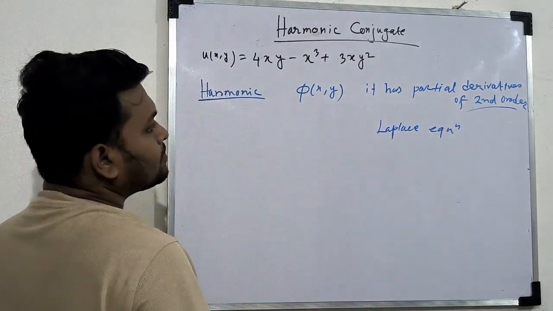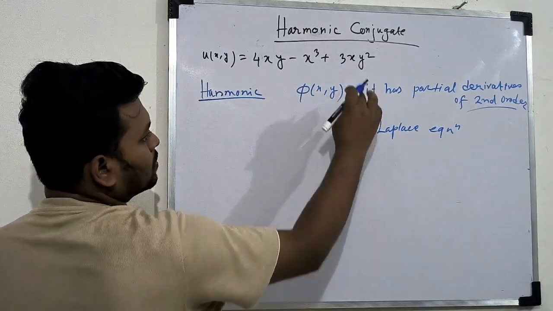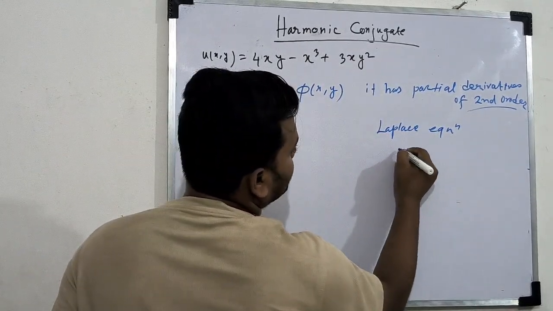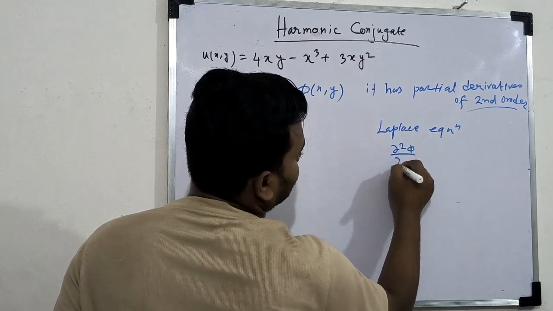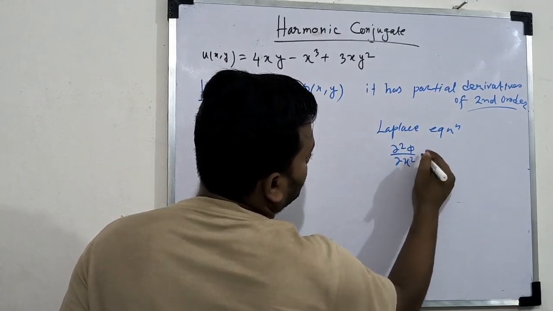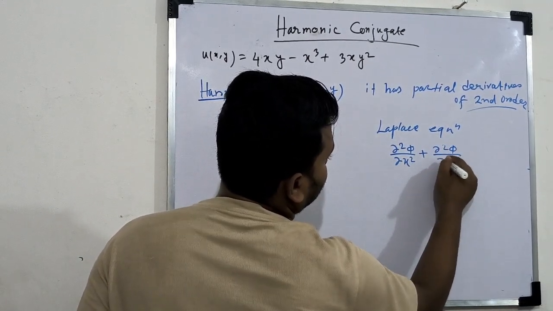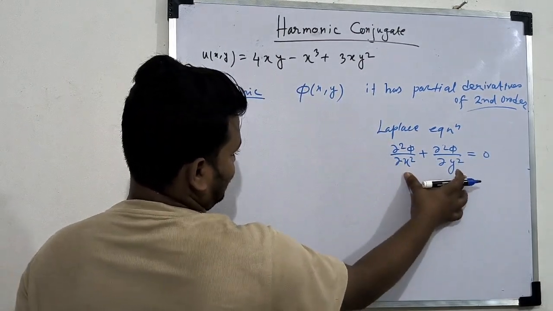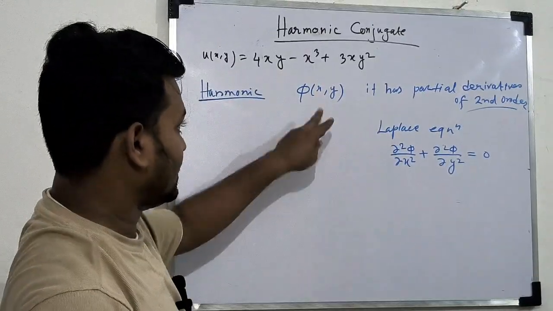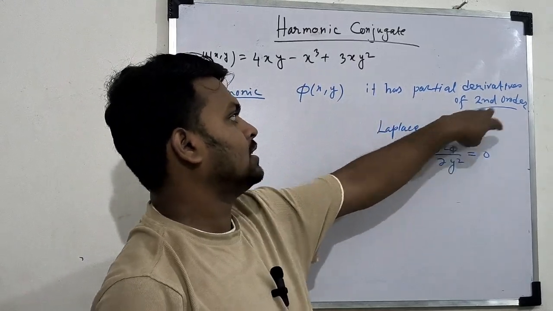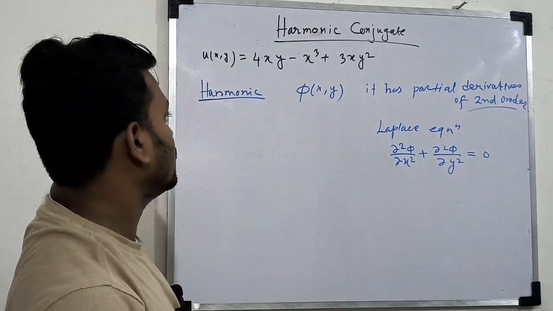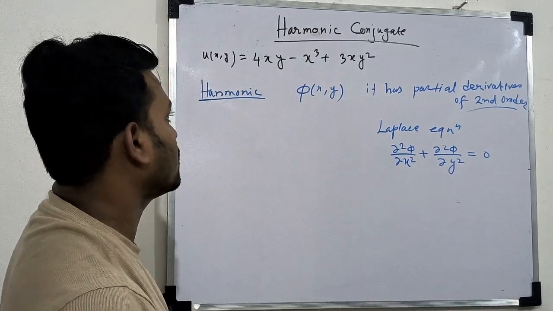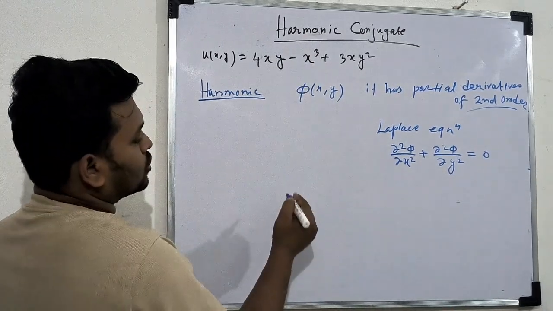Laplace equation means del 2 phi del x2 plus del 2 phi del y2 equal to 0. If phi satisfies this Laplace equation and has second order partial derivatives, then this function is called a harmonic function. And what is a harmonic conjugate?